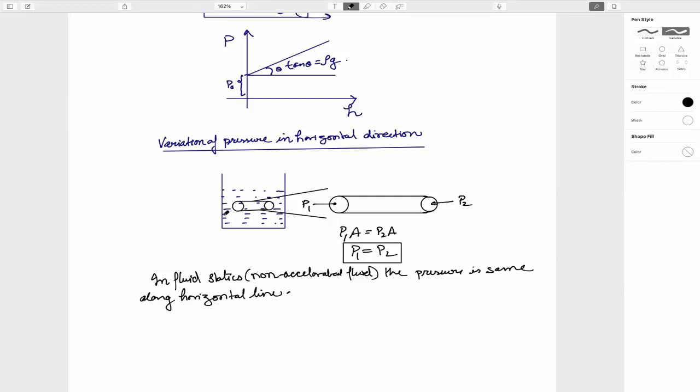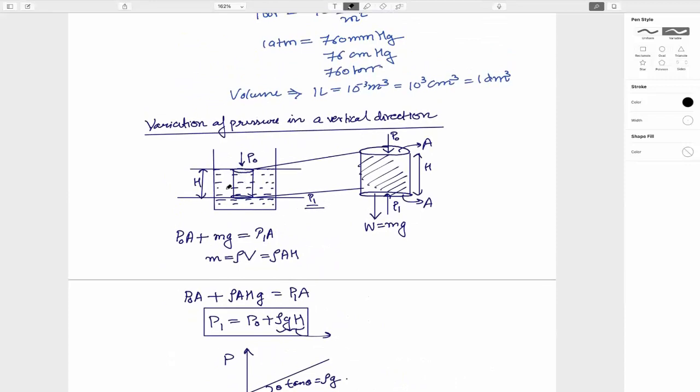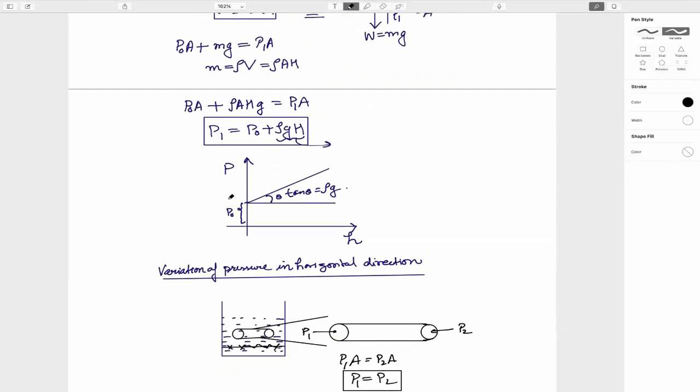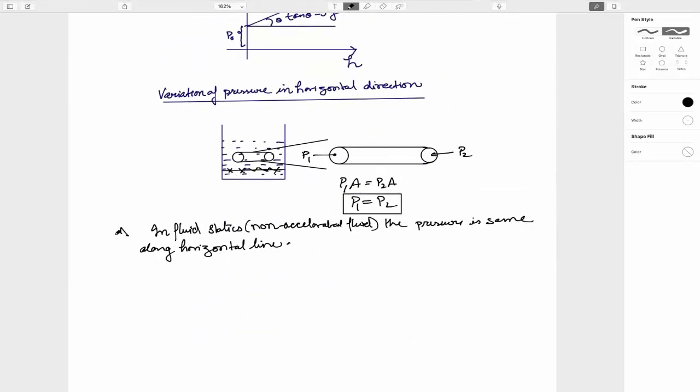So if you take this line, pressure at all the points along this line is same. Whatever pressure you calculate at this point or this point or this point, it will be the same. So P1 is same at all the points. So that is the important thing.